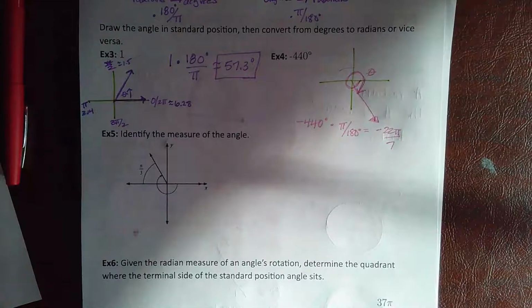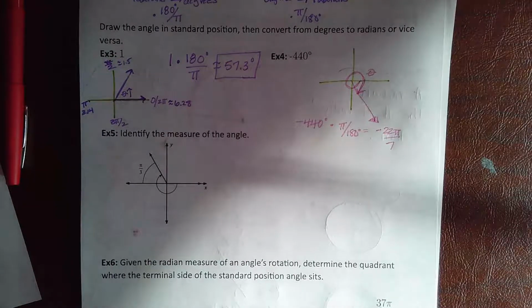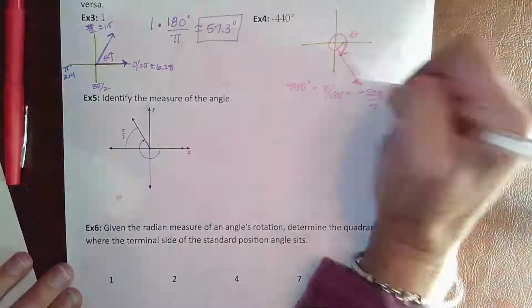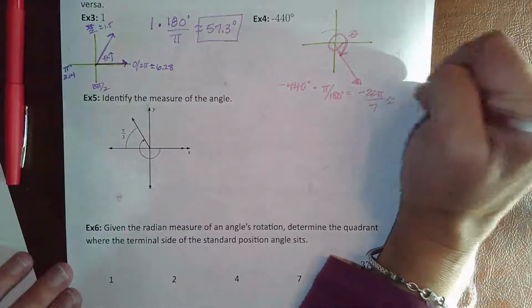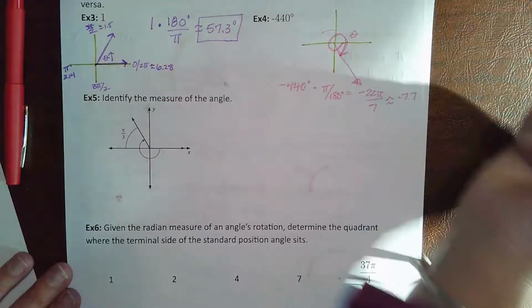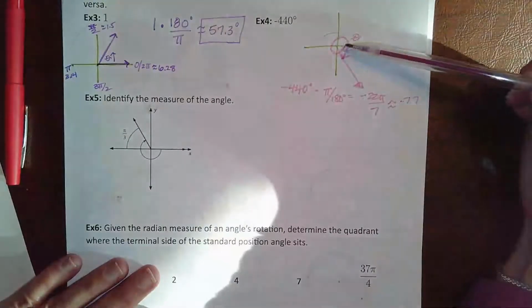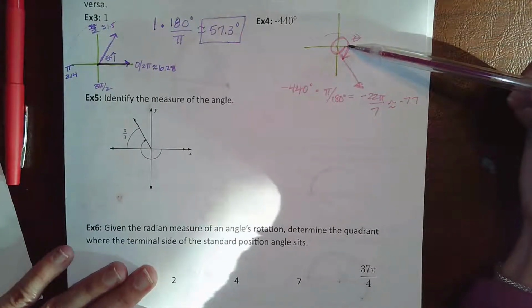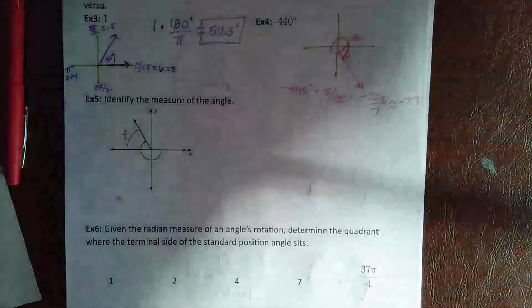You don't have to write it as a decimal, but sometimes it's easier to think about the number of radians if you don't think of it in terms of pi. So it's up to you. I'm going to go ahead and write that as a decimal for you as well. So negative 7.7. So what that meant is I went backwards 7.7 radians. So remember, 2 pi or 6.28 is 1 whole revolution, and then a little more would land me in quadrant 4.